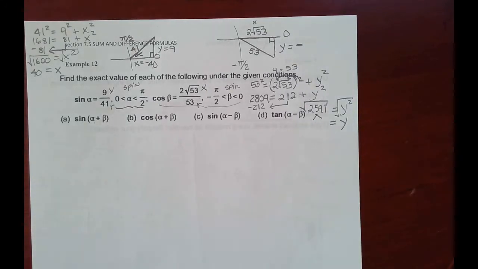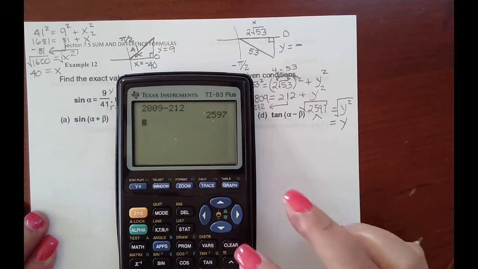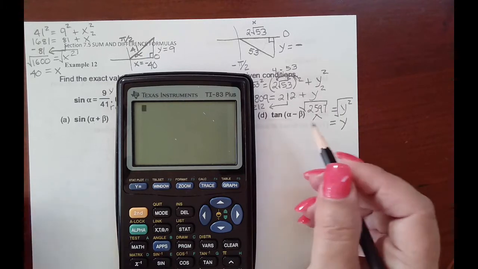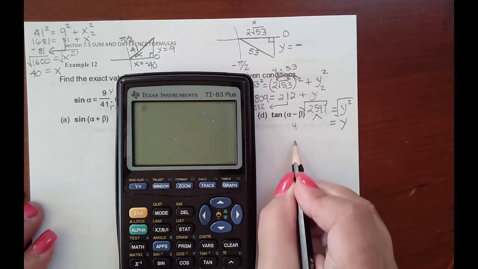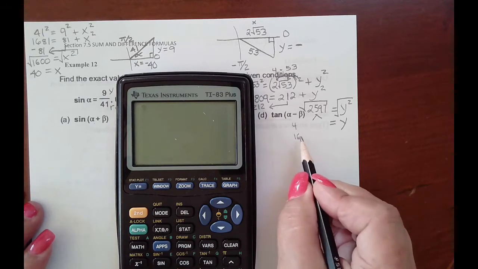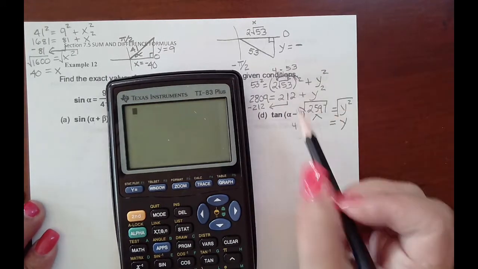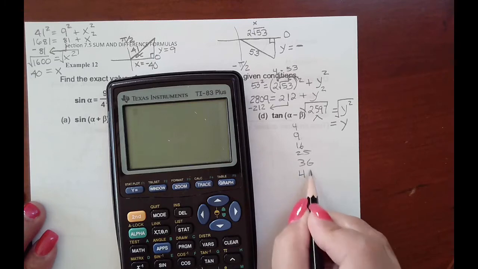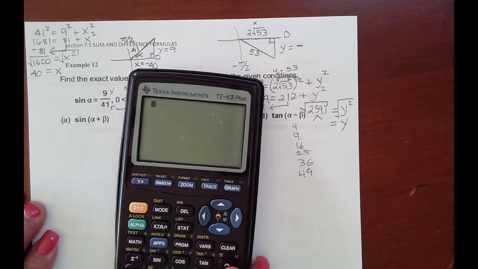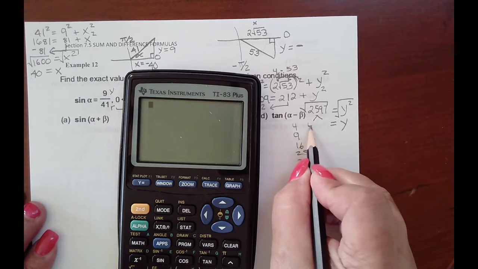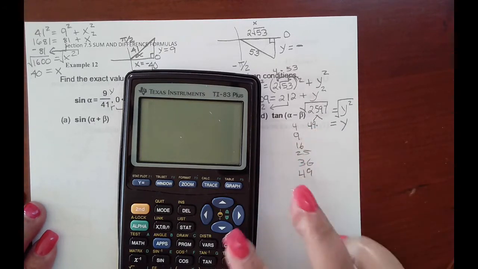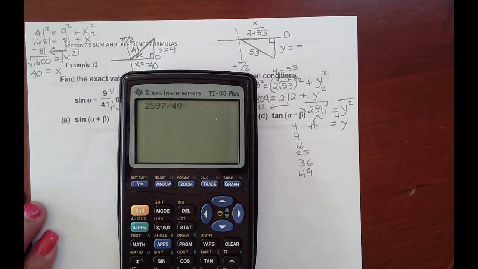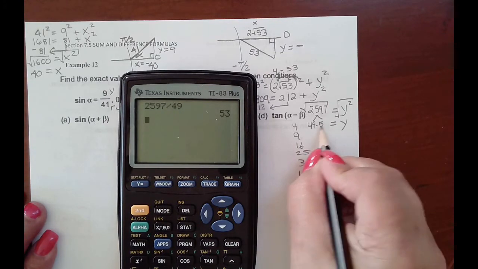Let me see if 49 goes into there. Anything that there's a square root of, the biggest number you can try, and you can just keep trying them. But you have to know things that there are square roots of. There's a square root of 4, a square root of 16. This is just 2 squared. This is 3 squared, I skipped over that one. This is 4 squared, 5 squared, 6 squared, 7 squared. I'm thinking of things that there's a square root of, and I'm using that to break this down. I'm going to see if 49 goes into this. So 2597 divided by 49 is 53.